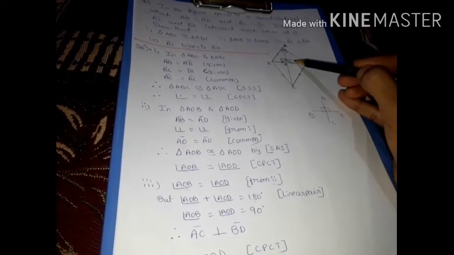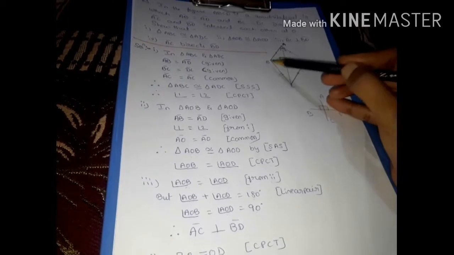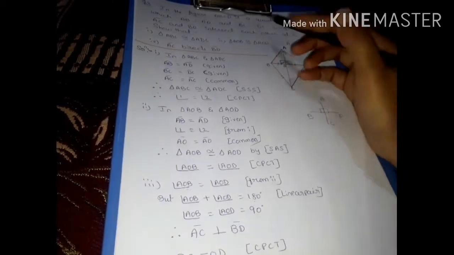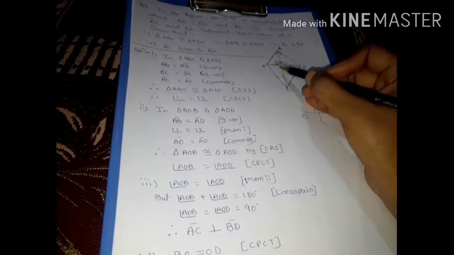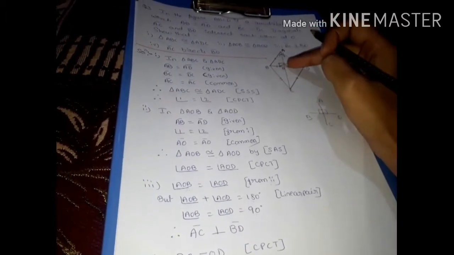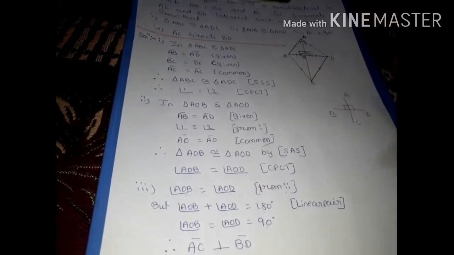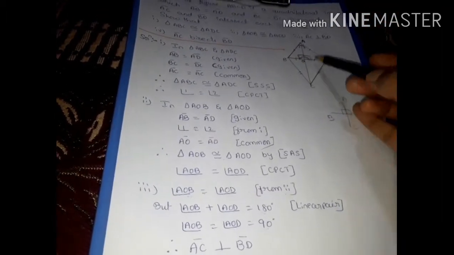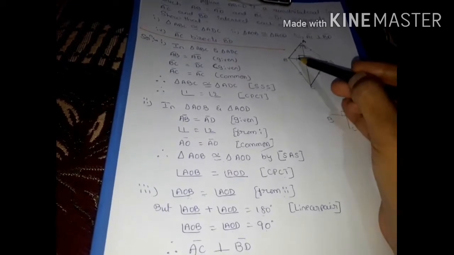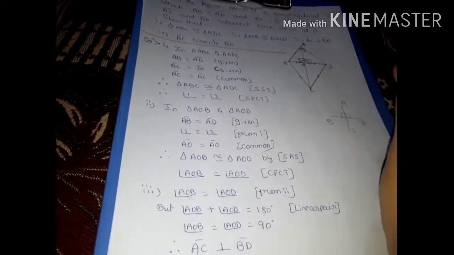From this congruency, by the CPCT rule, the corresponding parts are also equal, namely BO equal to OD. When BO equals OD and AC is perpendicular to BD, it indicates that AC bisects BD, making two equal parts.